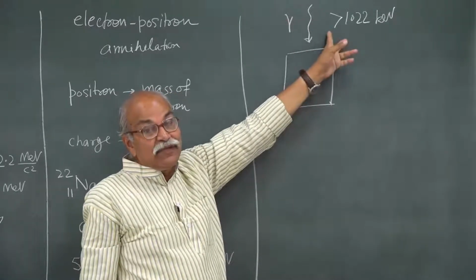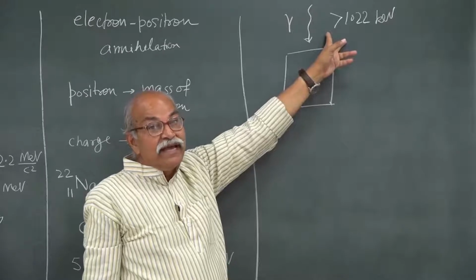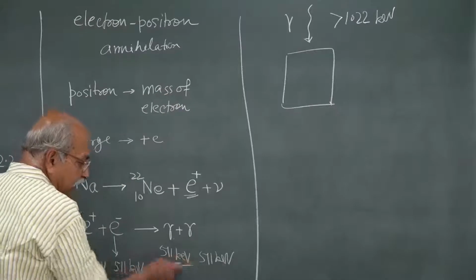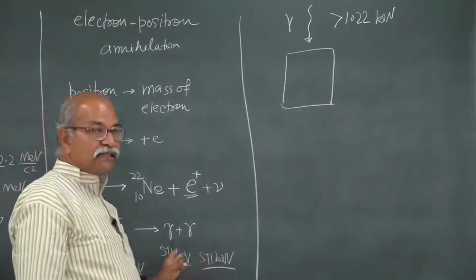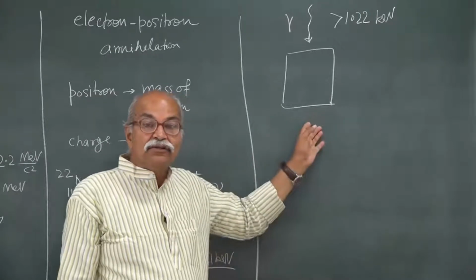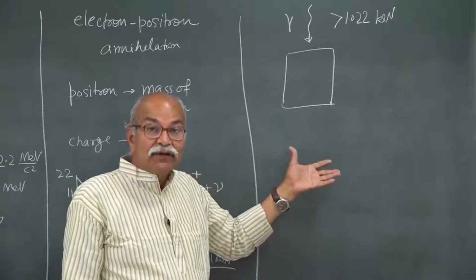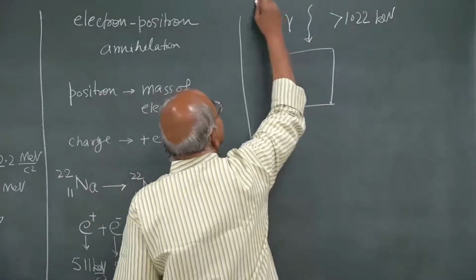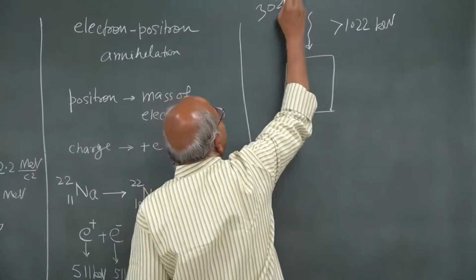So, this energy has been lost somewhere, and then the detection system also detects photons of this energy, 511 keV. 511 keV gamma rays are also detected. So, where is this coming from? Suppose your original is, let us say, something like 3022 keV.